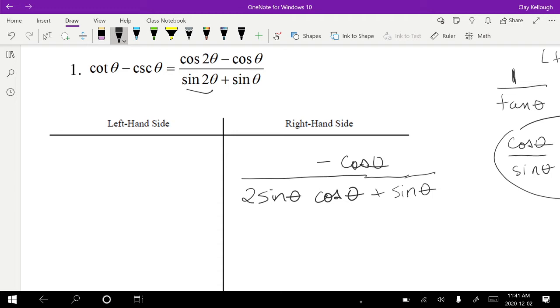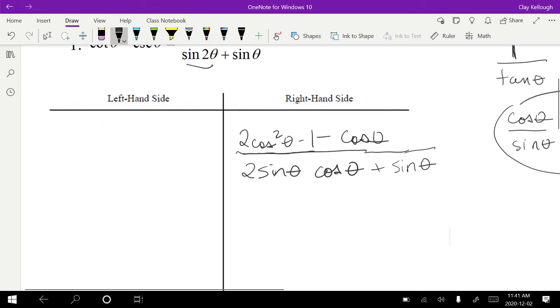So I think I might use the one that is 2 cos squared theta minus 1. And there we have it. There's my right-hand side. I've replaced cos 2 theta with this thing, and I'm ready to move on.